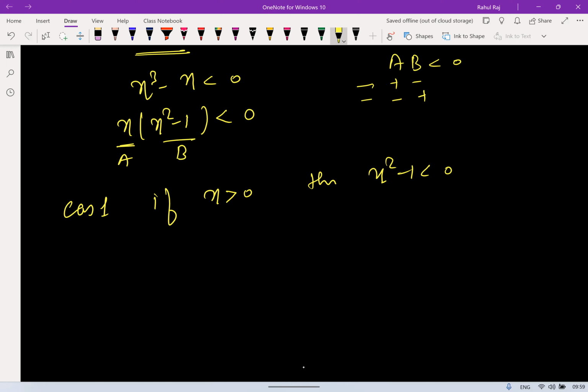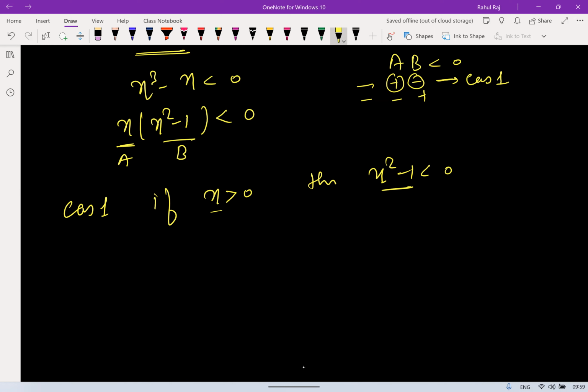So you're taking the case x is greater than 0, where a is positive and b is negative. This is my case 1. Here a is x, and b is x square minus 1. Agreed?